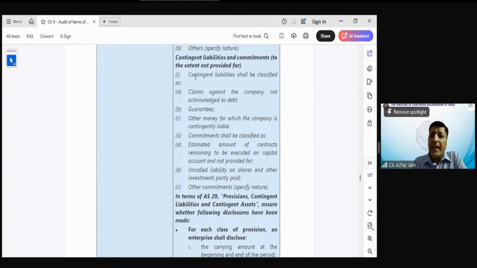Contingent liabilities shall be classified as claims against the company not acknowledged as debt, if at all there are some guarantees, other money for which the company is contingently liable. If at all there are any commitments, that shall be classified as estimated amount of contracts remaining to be executed on capital account and not provided for, uncalled liability on shares and other investments partly paid, other commitments.